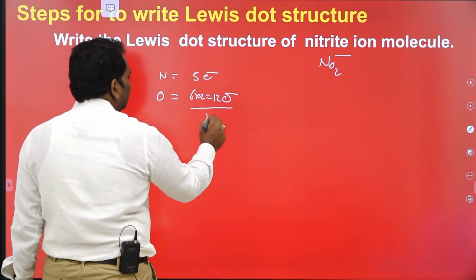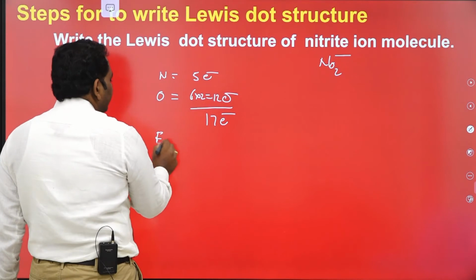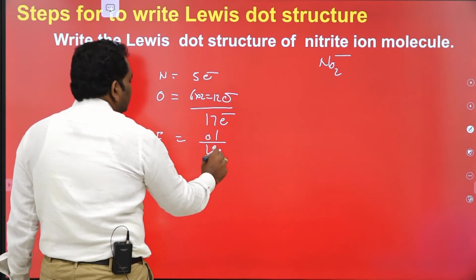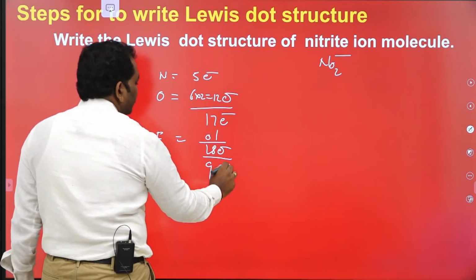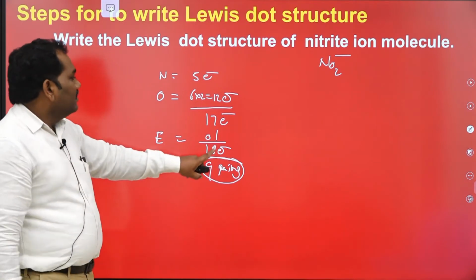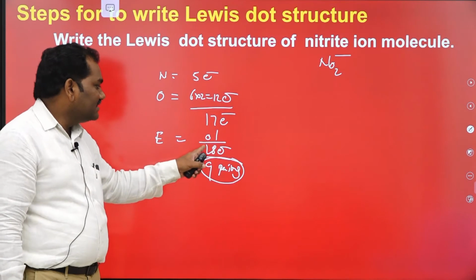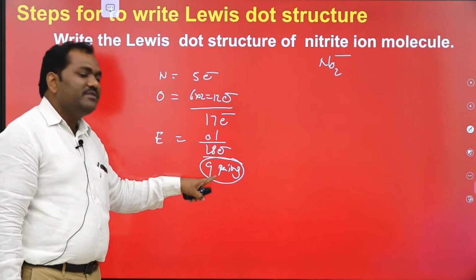The total number of electrons is 17, and moreover the charge is negative, so we have to add 1 electron, so 18 electrons are present. So 9 pairs are present in this NO2 minus molecule. The 18 electrons are distributed as 9 pairs.